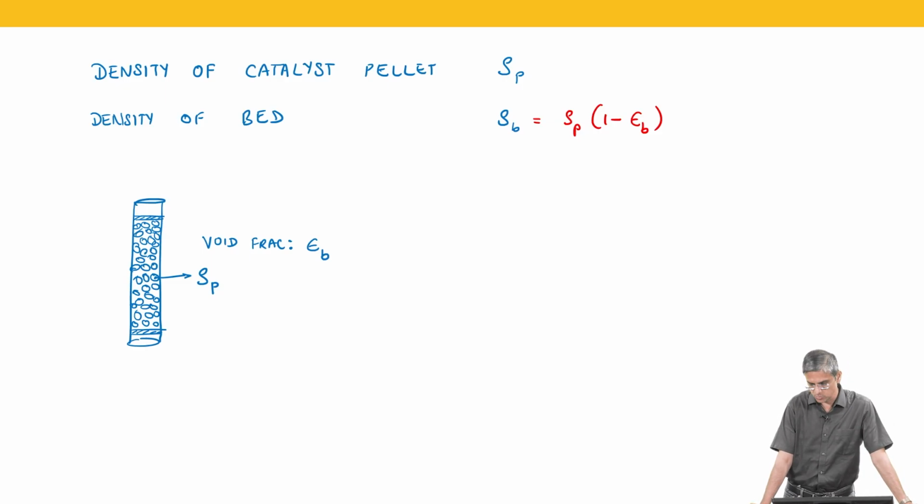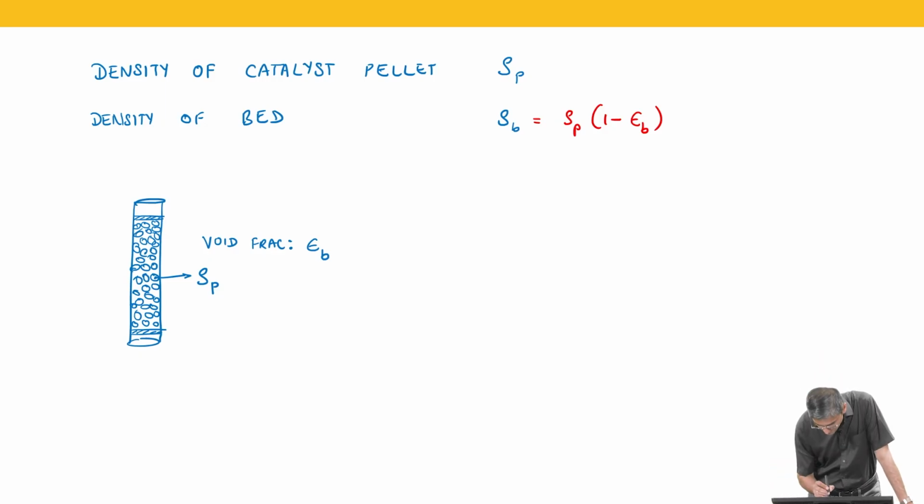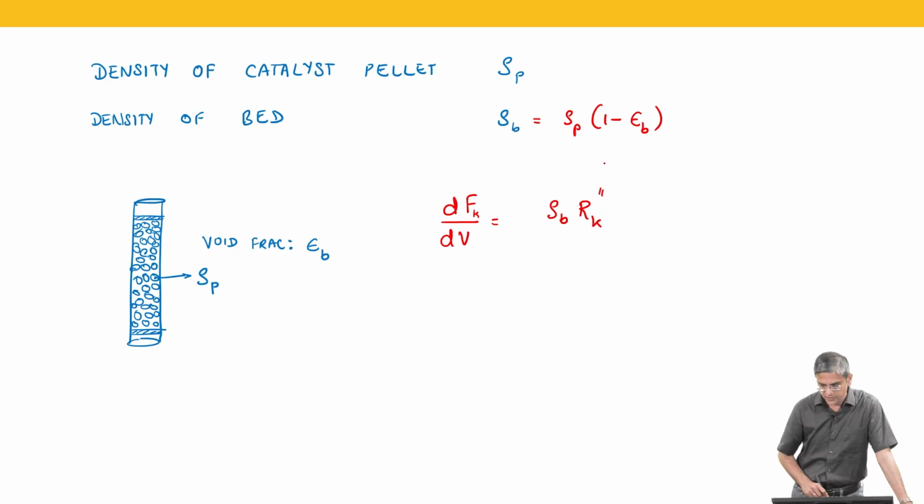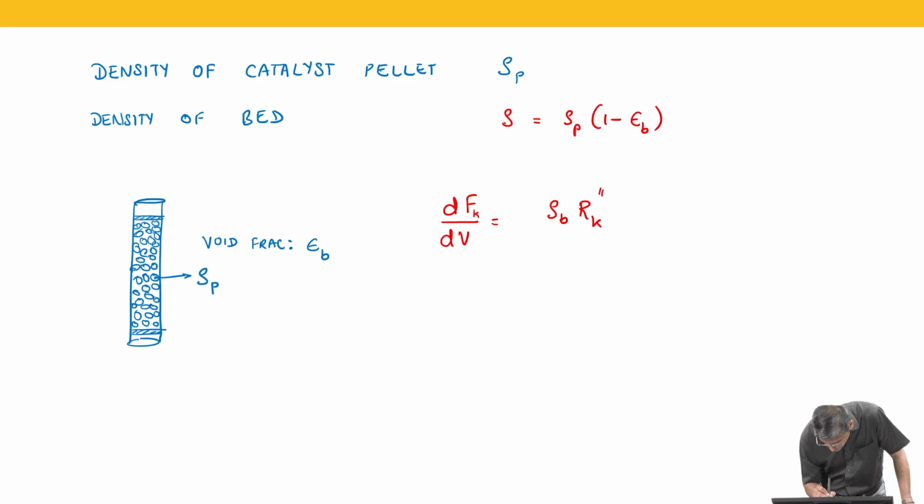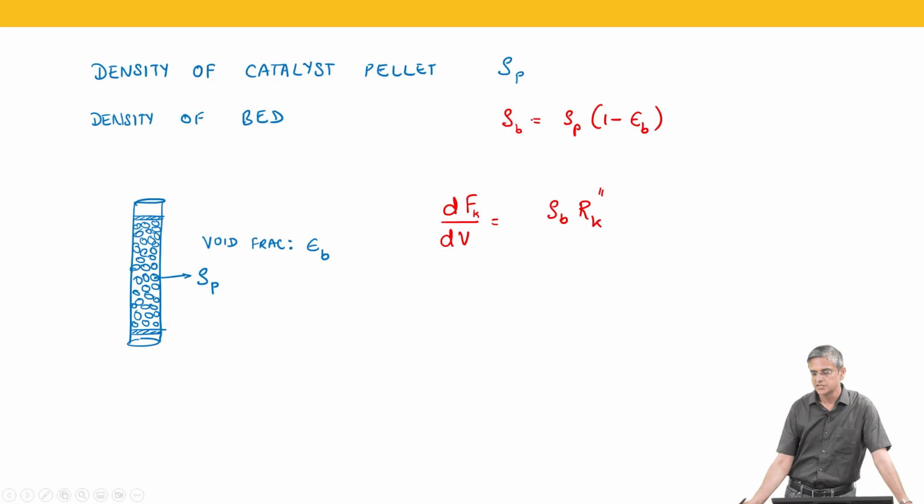So that is what the density of the overall bed is going to be. So, when it comes to your bed, this is the density that would come in.